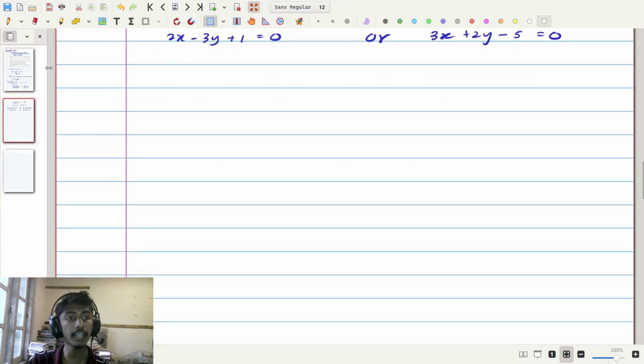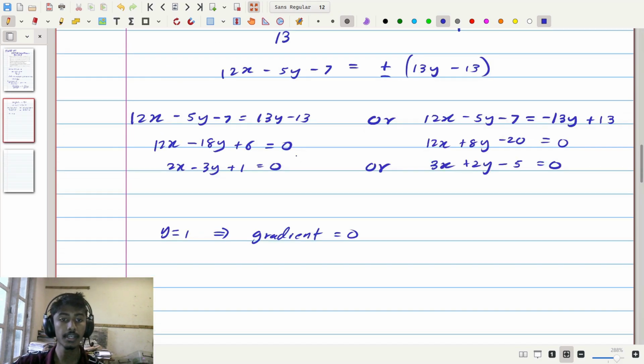Now considering that line of y equals 1 has a gradient of 0. So gradient equals 0. Considering the other two lines here, if we consider this line, if we take this 3y to the other side, we have 3y equals 2x plus 1, and dividing both sides by 3, we can see y equals 2 over 3 x plus 1 over 3, and therefore the gradient here is 2 over 3.